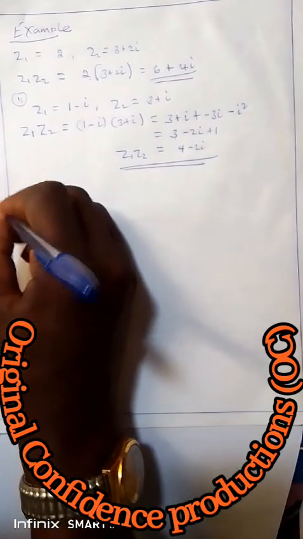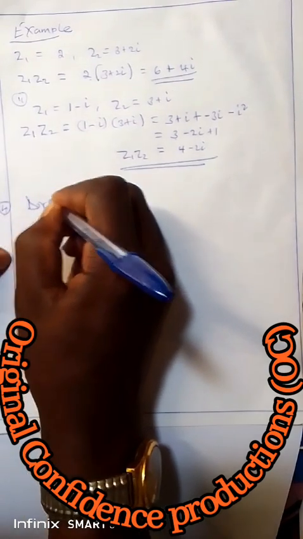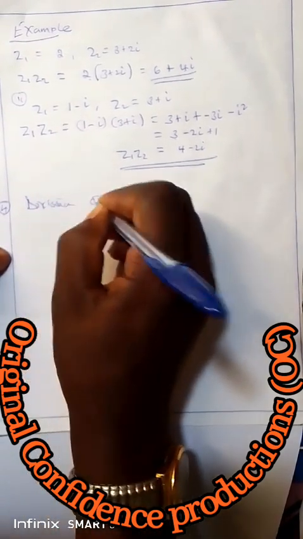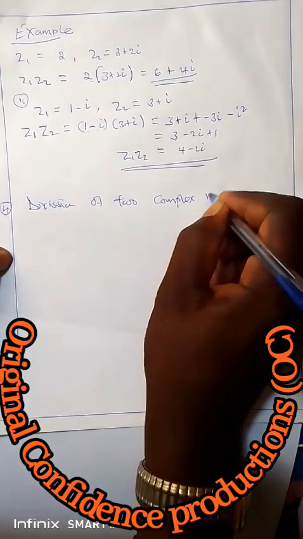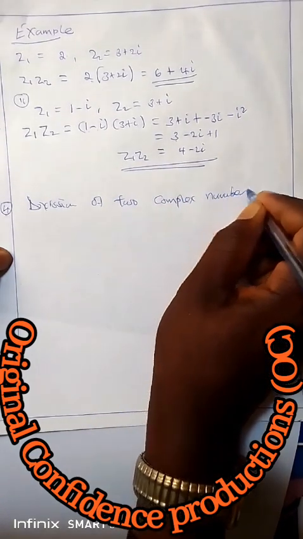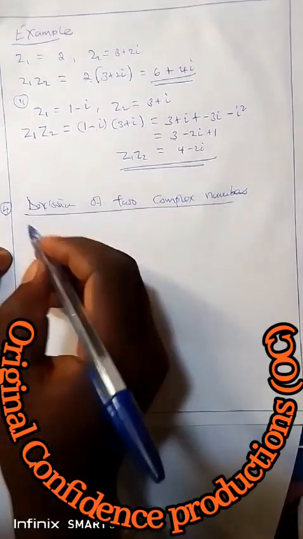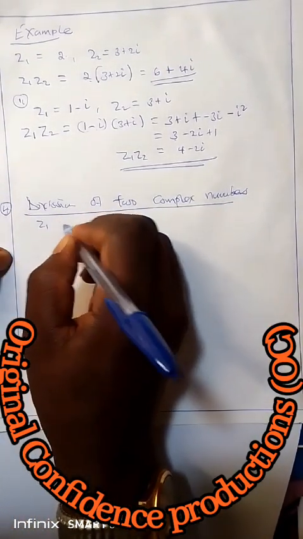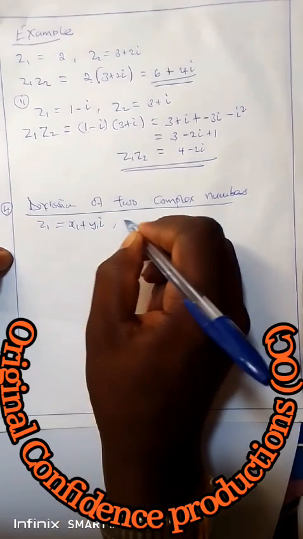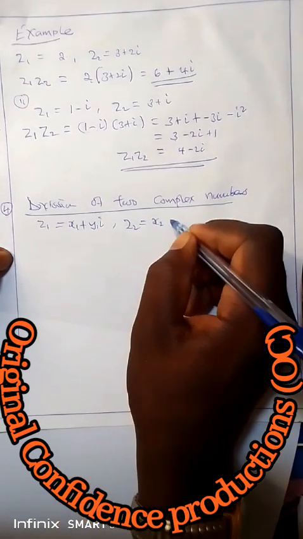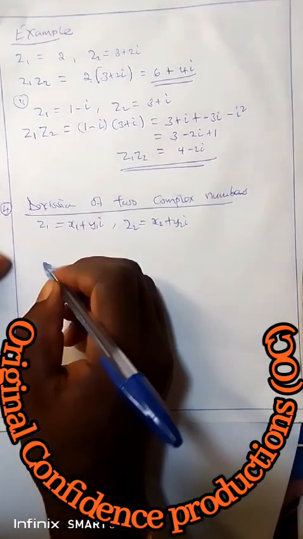We also want to look at the fourth one, which is the division of two complex numbers. How do we divide two complex numbers? We shall have z1 equals x1 plus y1 i, then z2 equals x2 plus y2 i, as usual.